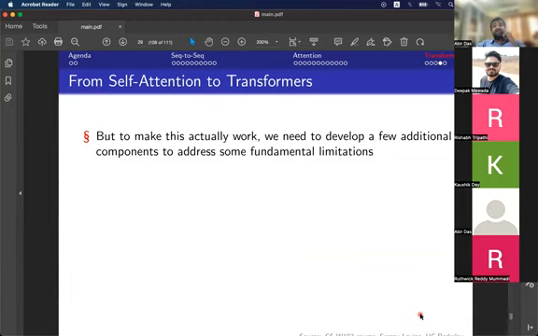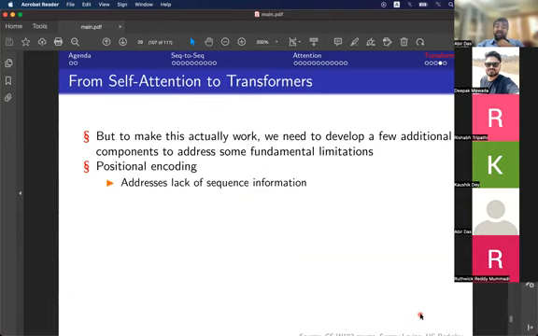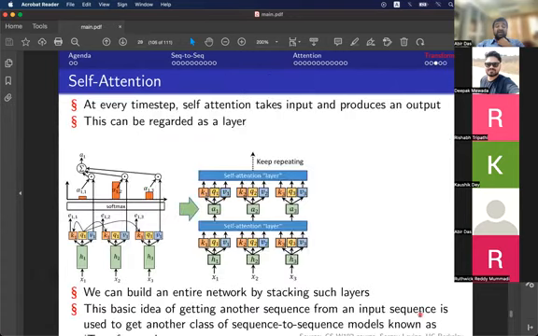But to make this actually work, we need to develop a few additional components to address some fundamental limitations. What are those? One is positional encoding. It addresses the lack of sequence information. There is no recurrent connection, but in recurrence, if it is a cute puppy, first A is processed, then cute, then puppy.